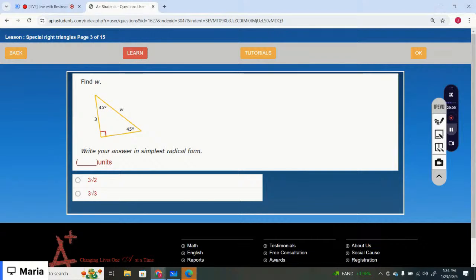Find W. So which is the correct option? You have to calculate a longer length. So for the longer length, you have to multiply square root 3 times the shorter.